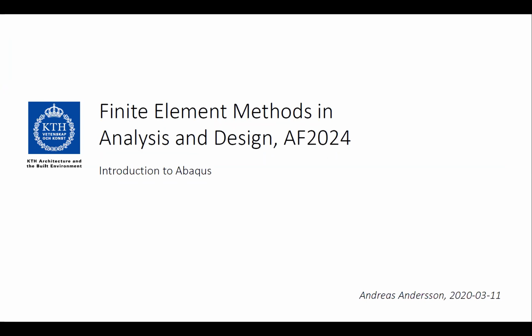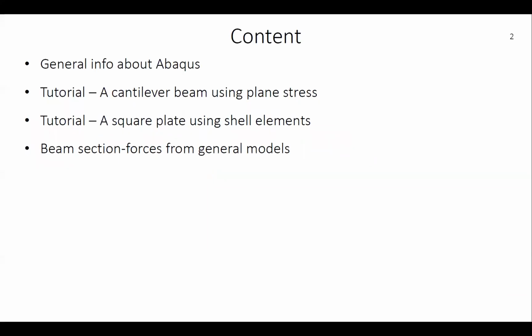So this introduction to Abaqus is available on Canvas. It's relatively self-explanatory, but since we don't have the in-class exercises, I will try to go through this a little bit more so that you don't miss anything from previous years, typical things that you may not think of. I can show some of the tutorials.